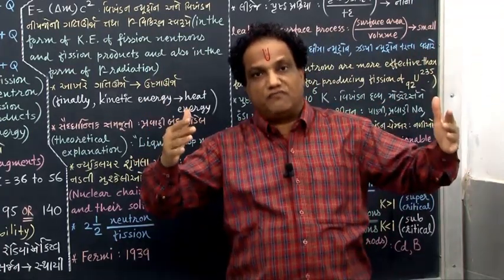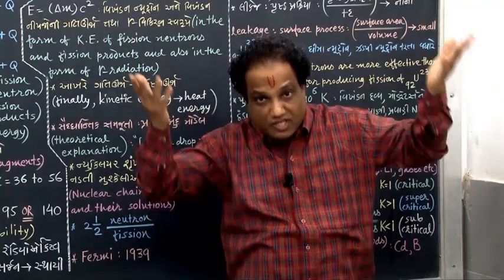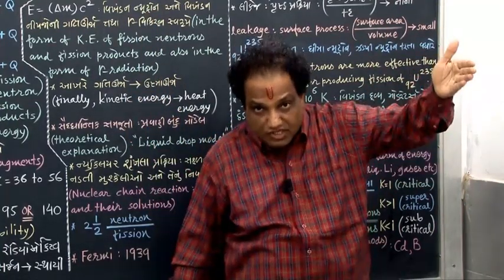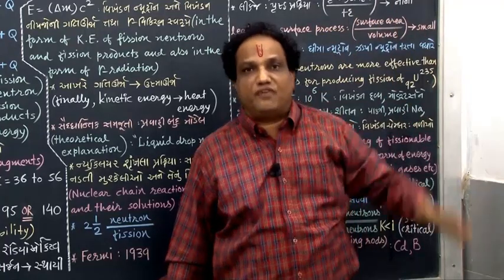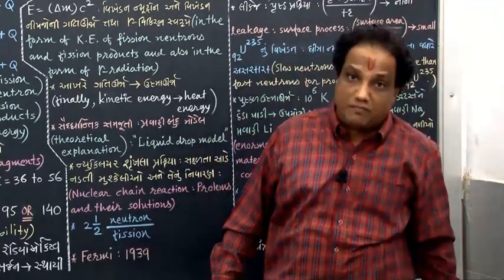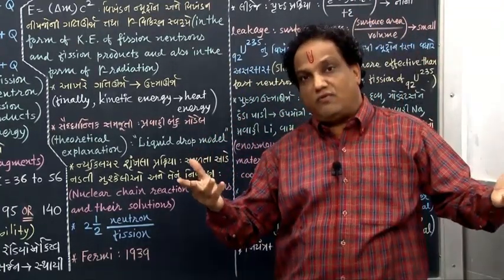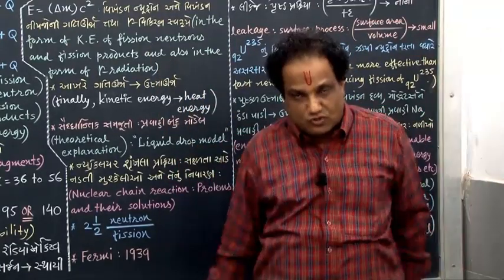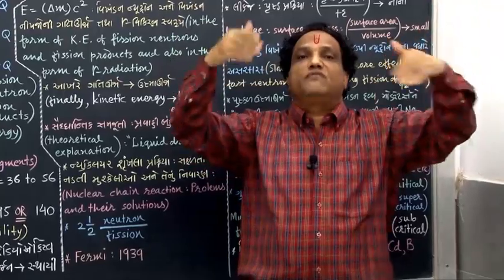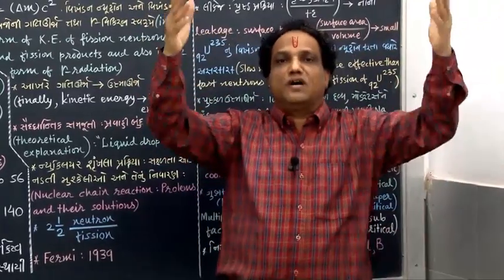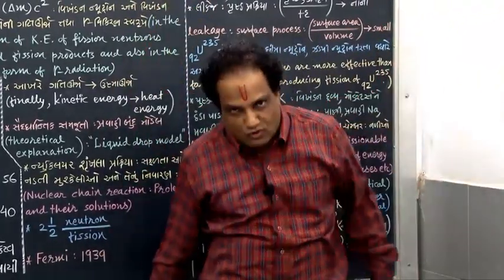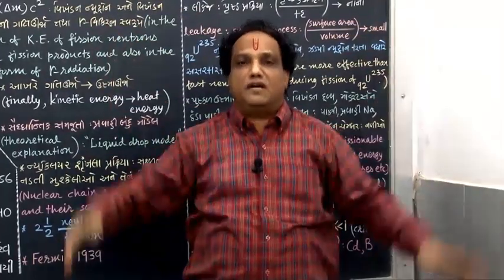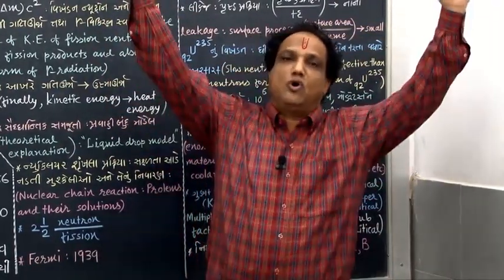Further, your temptation will increase now. You may think of utilizing those 16 neutrons in producing fission of 16 other uranium nuclei, and then you will have emission of 16 fours are 64 neutrons, fours are 256 neutrons, fours are 1024 neutrons, fours are 4096 neutrons, and so on.